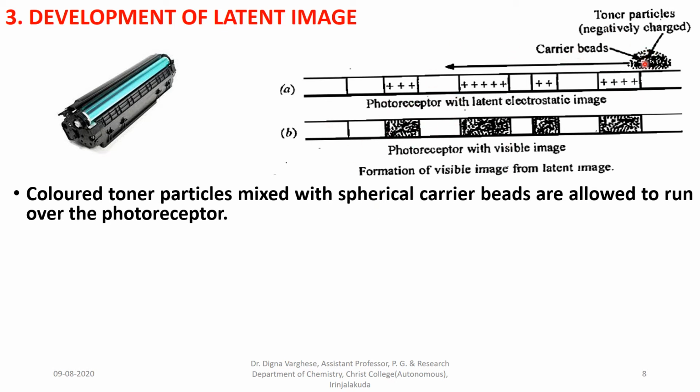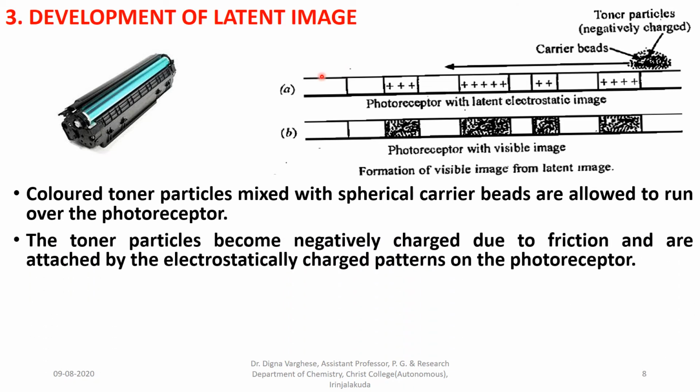The colored toner particles fall over the photoreceptor, which contains the latent electrostatic image. The toner particles become negatively charged due to friction and are attracted by the electrostatically charged patterns on the photoreceptor. The toner particles and photoreceptor charges are oppositely charged species.